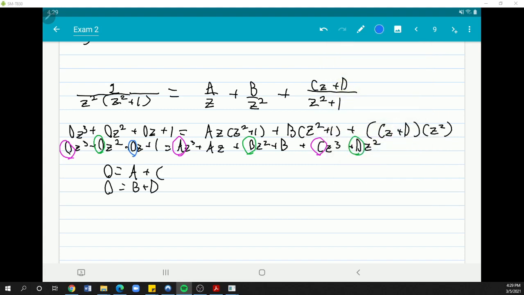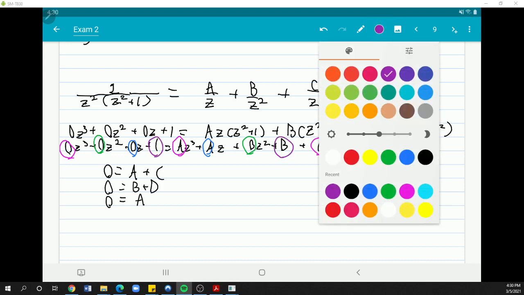Everything in front of a z: that's a, and that's it. So 0 is equal to a. And then finally, 1 is equal to b.